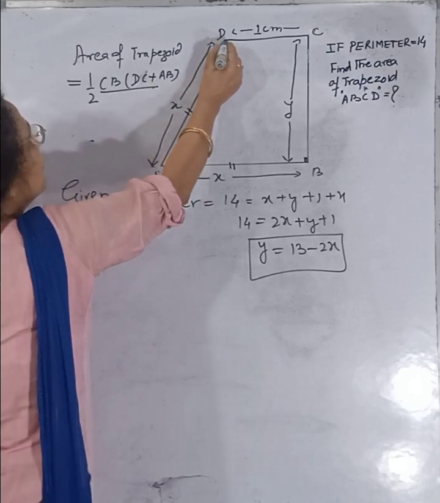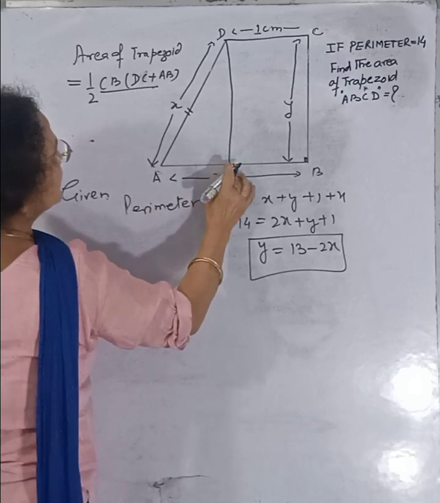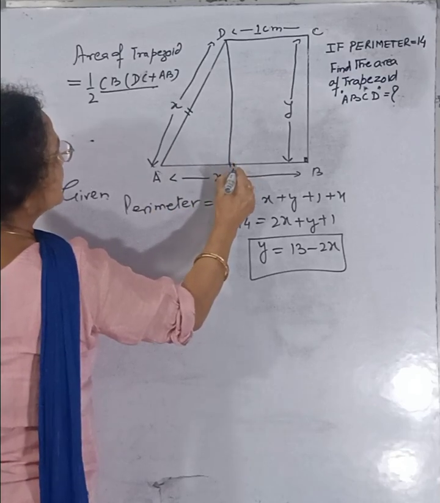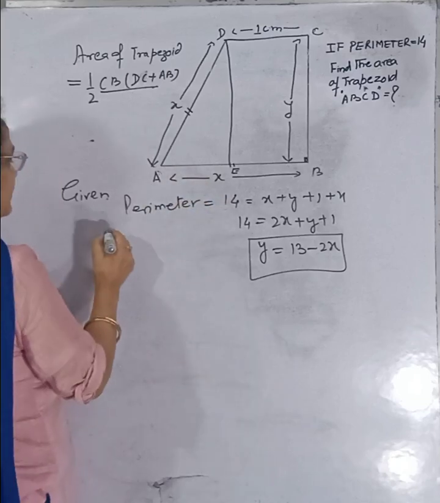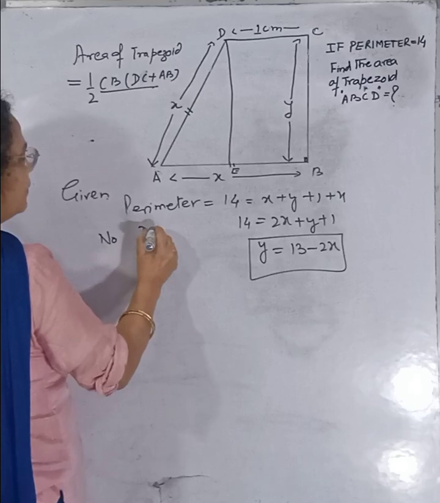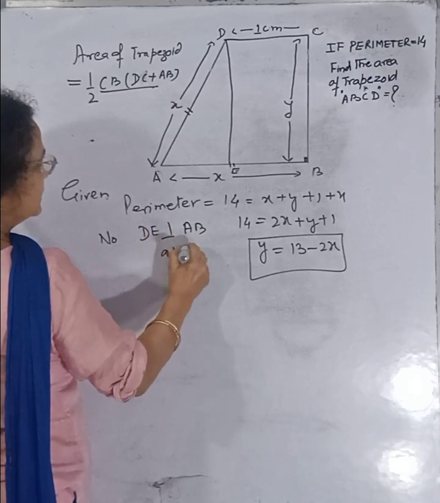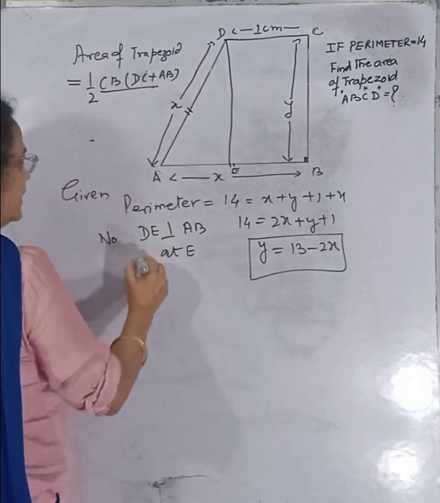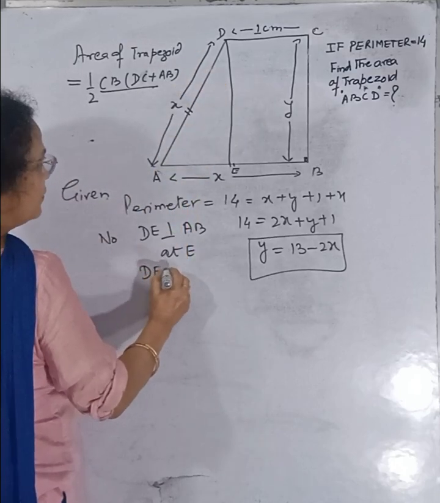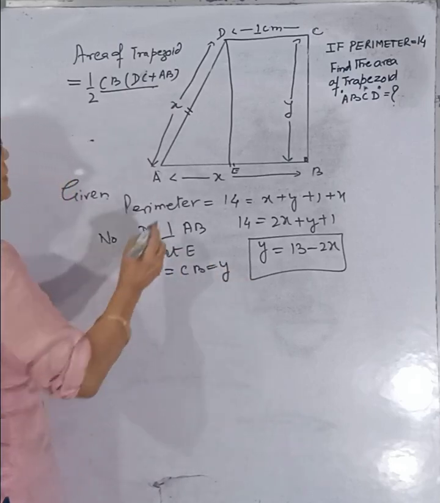Drop the perpendicular from D on AB at point E. So DE is perpendicular to AB at E. Then naturally DE will be equal to CB, that is equal to y.